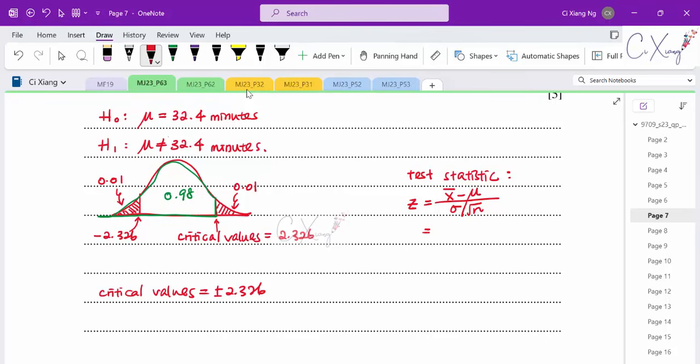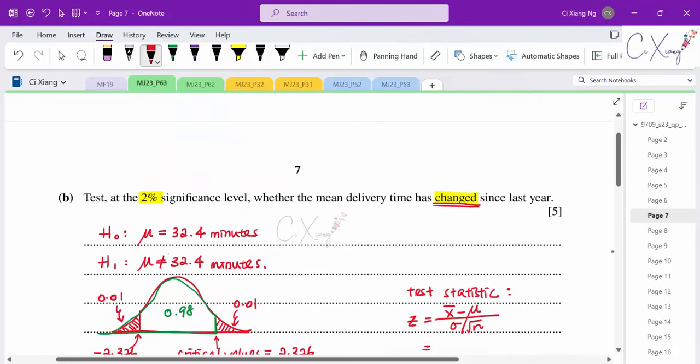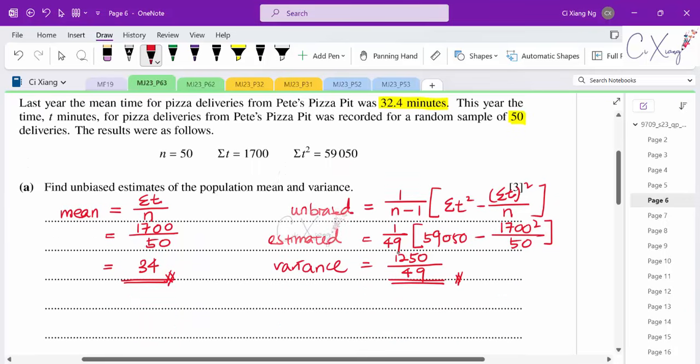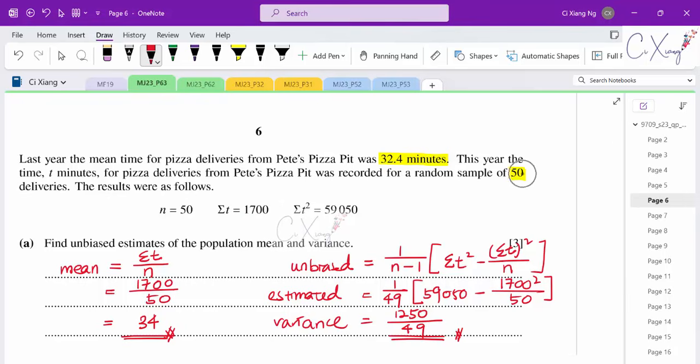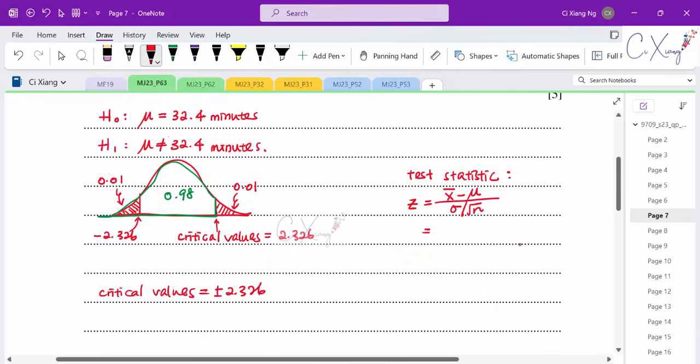Okay, so what is the sample mean? Again, if we go through the part just now, we actually get the sample mean, which is 1700 divided by 50, and the value should be 34. So the sample mean for this case will be 34 minus the population mean. What's the population mean?